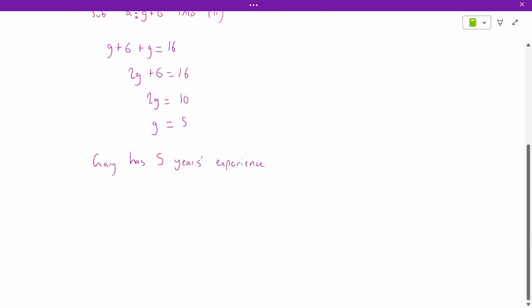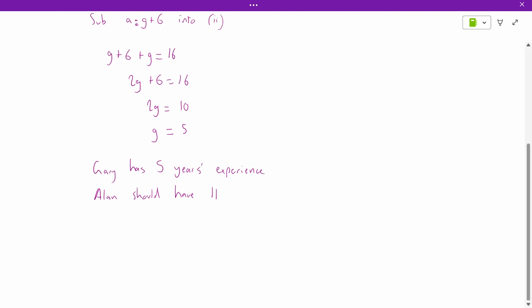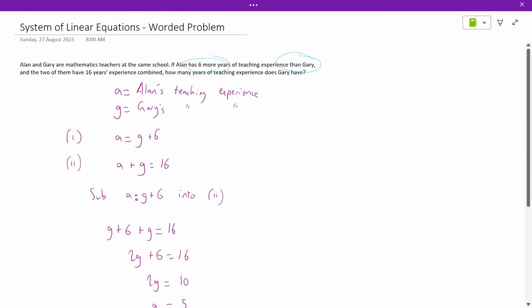So 5 plus 6 is 11. So Alan should have 11. And then to finally check, 5 plus 11 gives an answer of 16. So we have successfully satisfied both stipulations in the question.